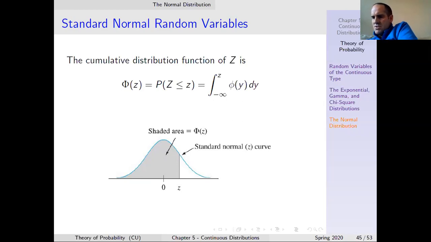But they don't necessarily draw the picture and tell you exactly what's going on. What they have is essentially a table where you can look up various little z values, and it will give you the area corresponding to the proper row and column. So there's a table that does that.